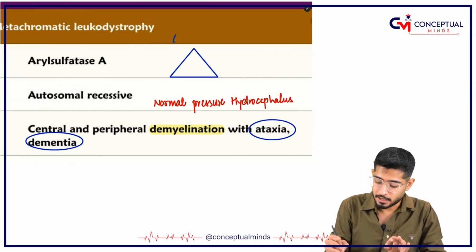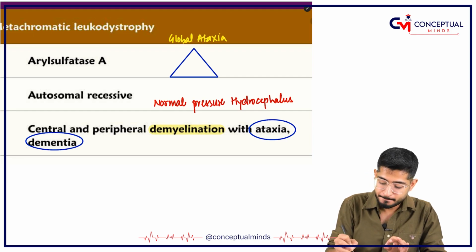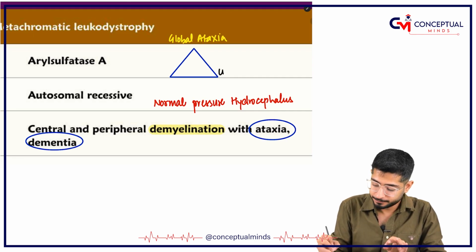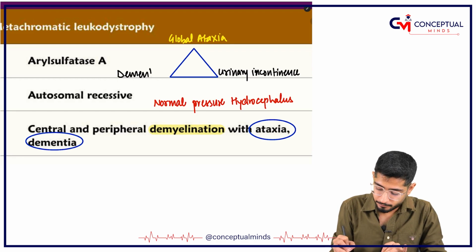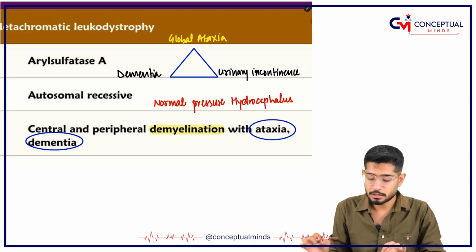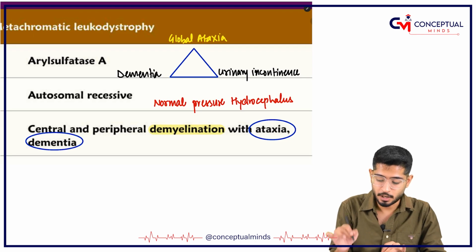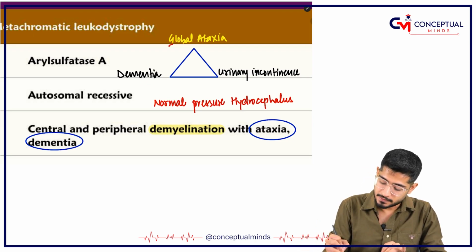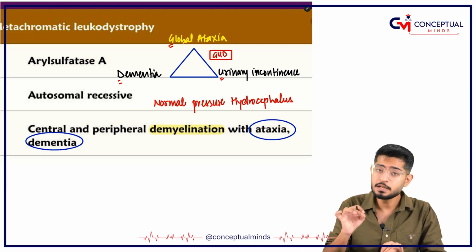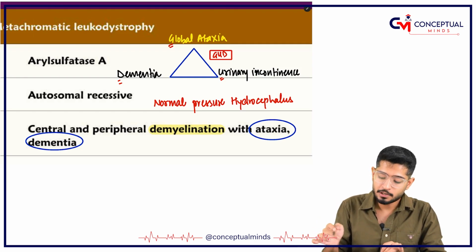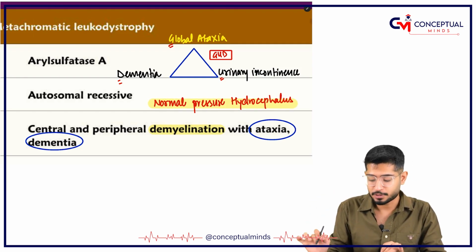Because the clinical features are global ataxia, urinary incontinence, and dementia. These three words, G, U and D, coming all together, so please understand, my dear friends, this GUD is good. This is the mnemonic to understand the features of normal pressure hydrocephalus.